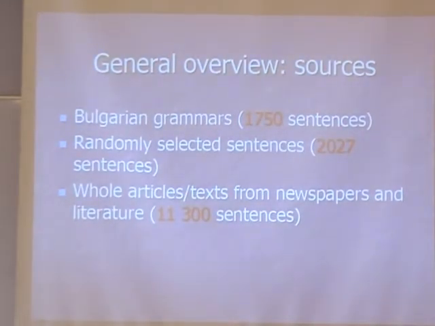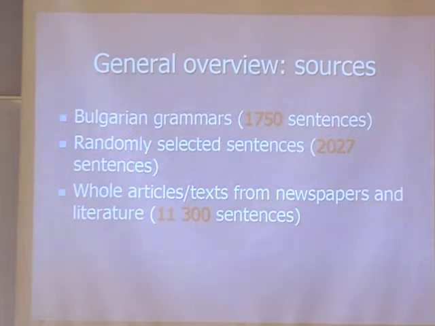The sources of the Treebank: we can say we have two layers. The first layer, we call it a core set of sentences, and it's basically from traditional Bulgarian grammars on syntax, and only one formal generative grammar.